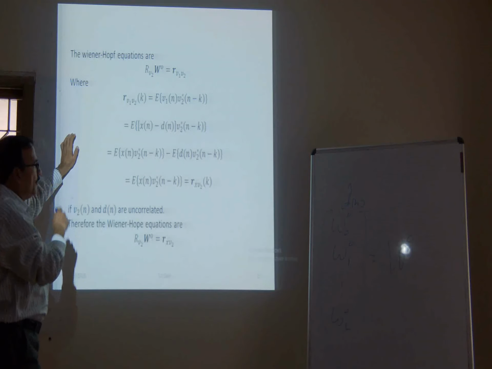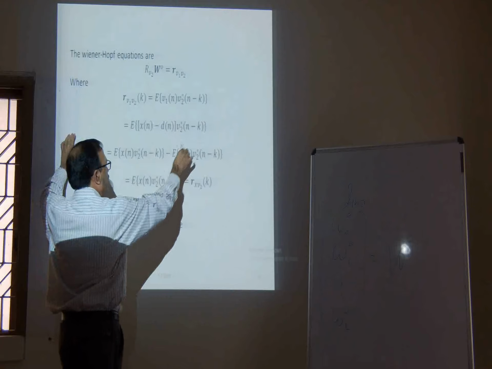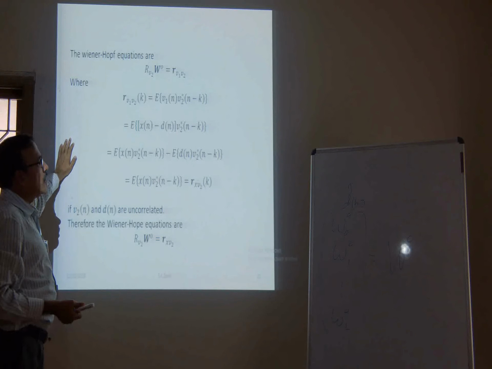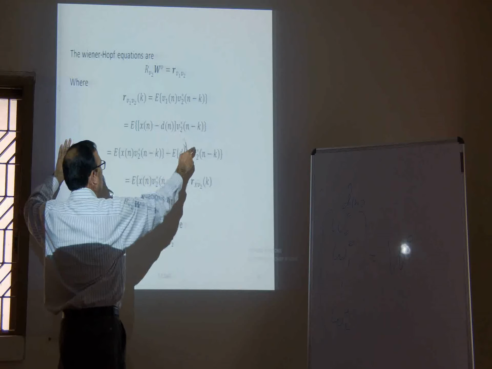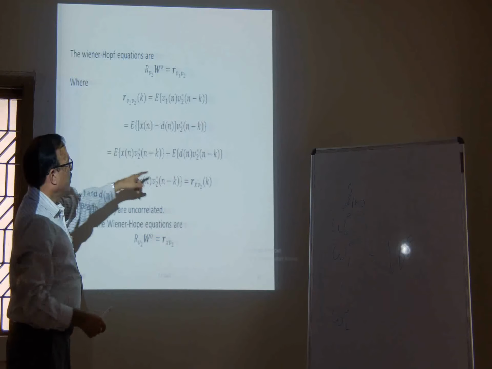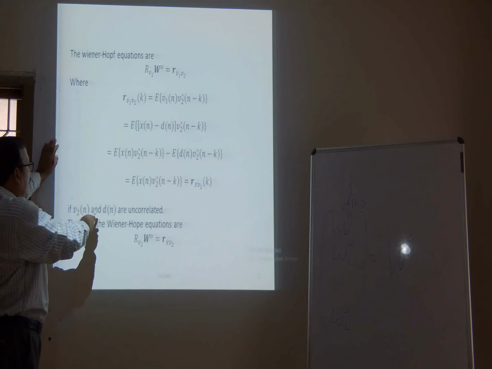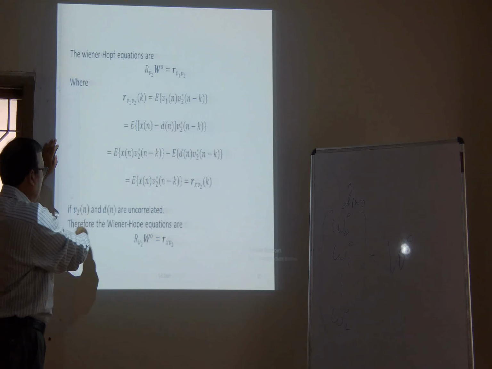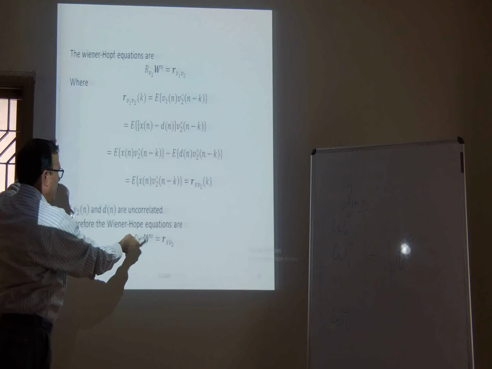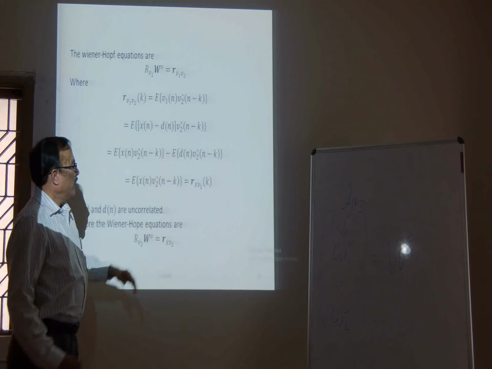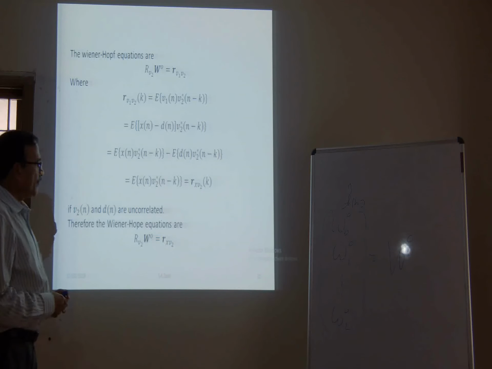If v2 and d are uncorrelated, this factor will be 0 and we get R_xv2(k). So if v2(n) and d(n) are uncorrelated, this factor is 0, and the Wiener equation is R_v2 w_o equals R_xv2. Next.